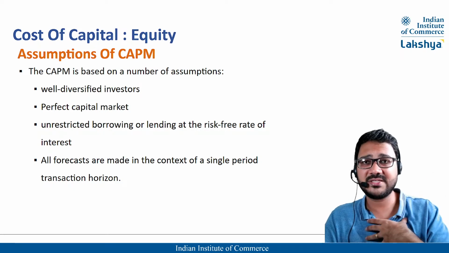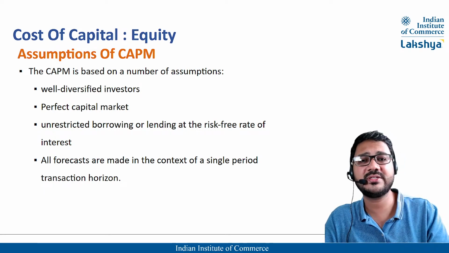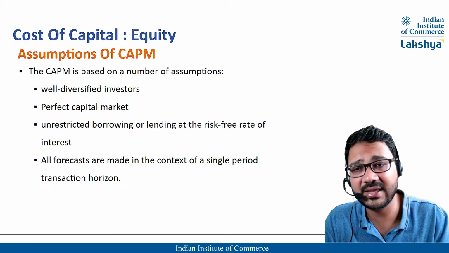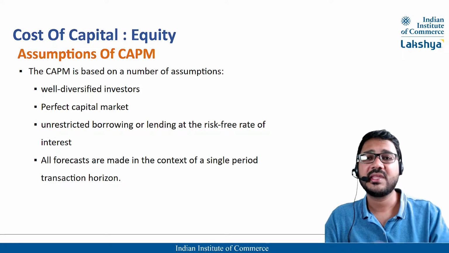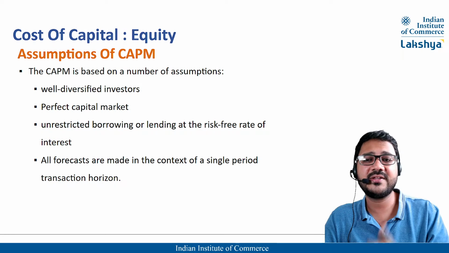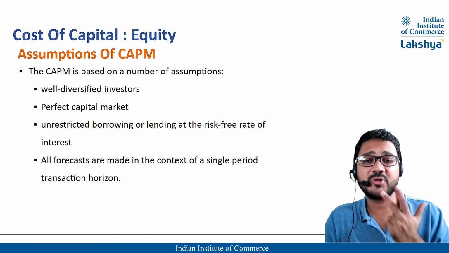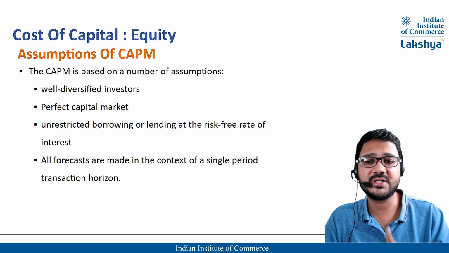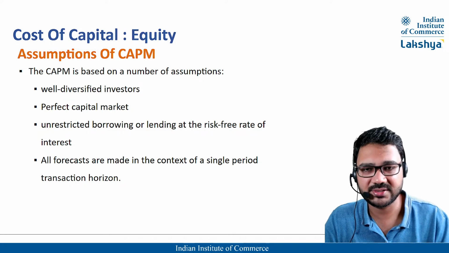So we in specific have not made any specific assumption. However, the model has made these assumptions, and I'm just making you aware that all these calculations hold true if the investor is well diversified, if there are perfect capital markets, if there is unrestricted borrowing and lending at the risk-free rate of return, and if all forecasts are made in the context of a single period transaction horizon.